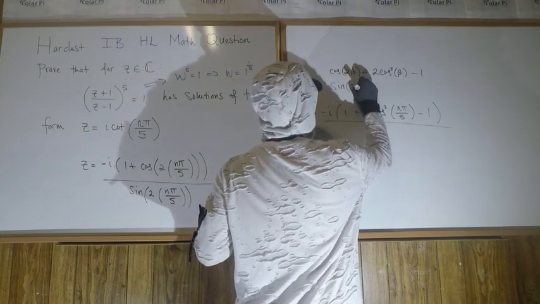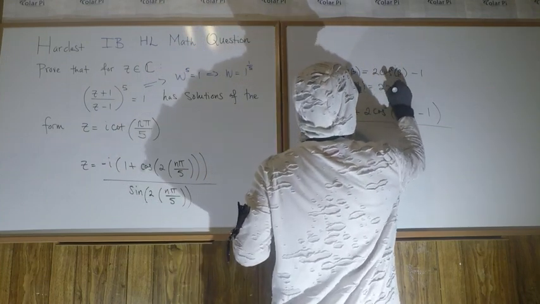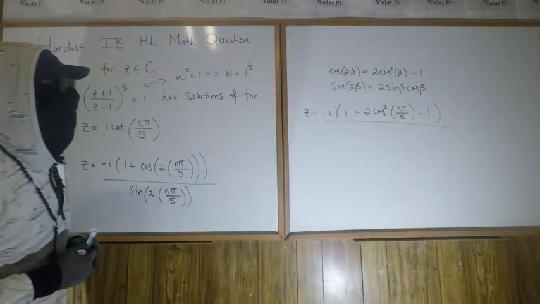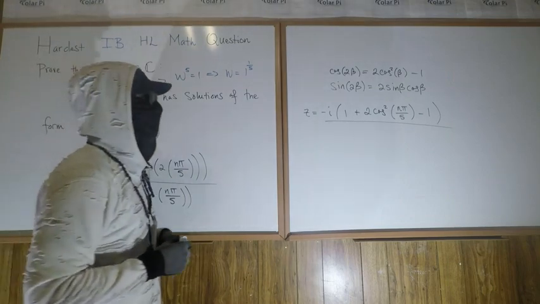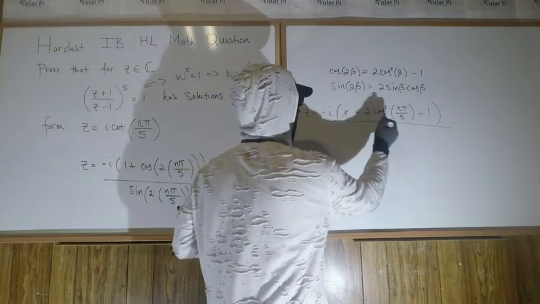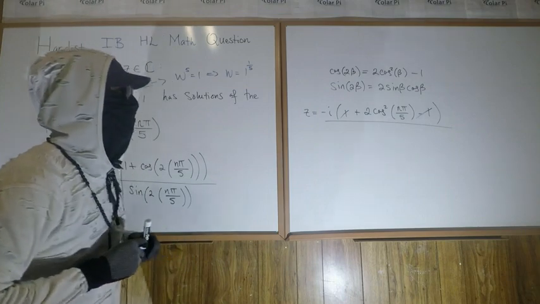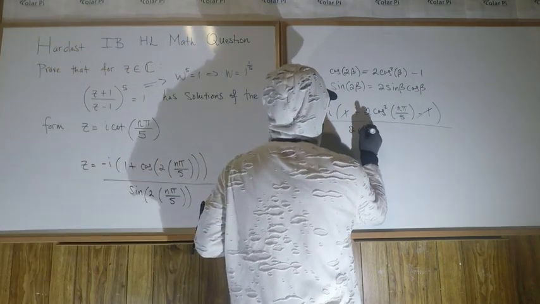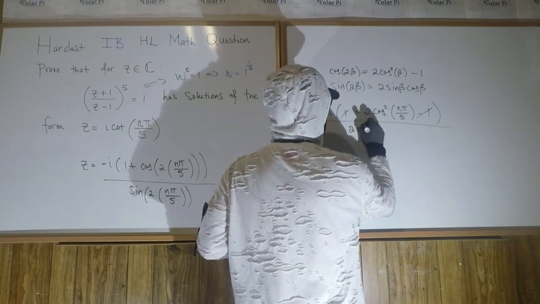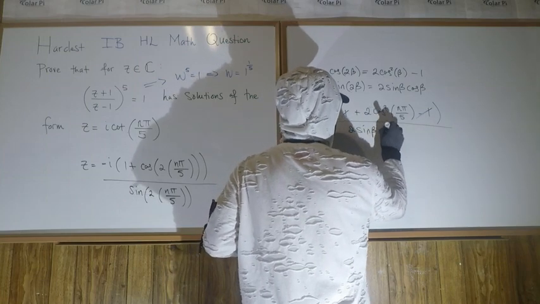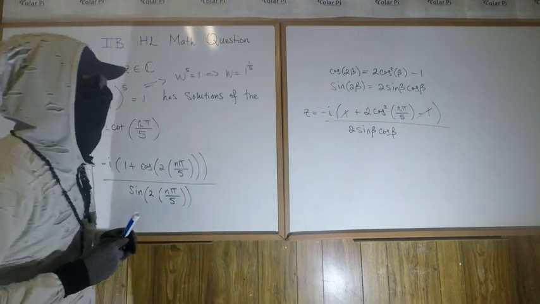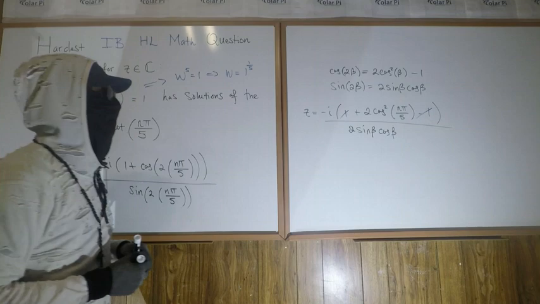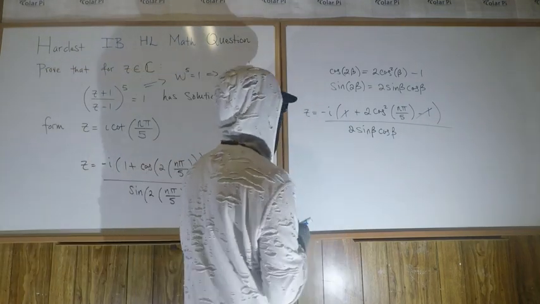Sine 2 beta is equal to 2 sine beta cosine beta. So, as we expected, we're going to be able to cancel this and that. Let me write the denominator: 2 sine beta cosine beta. And that's just a translation of this. I'll replace the beta with n pi over 5 soon.